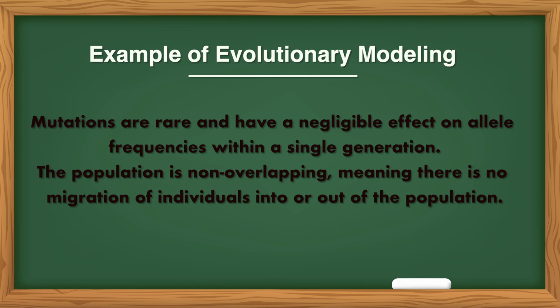Another assumption is that generations are non-overlapping, meaning there is no migration of individuals in and out of this particular population. So, the mathematical equation that describes the Wright-Fisher model is relatively straightforward.